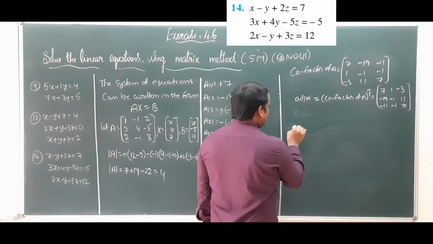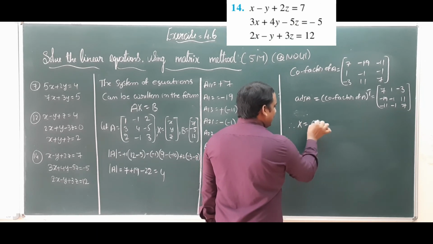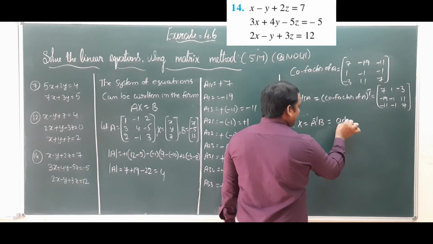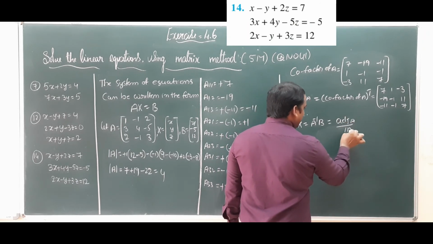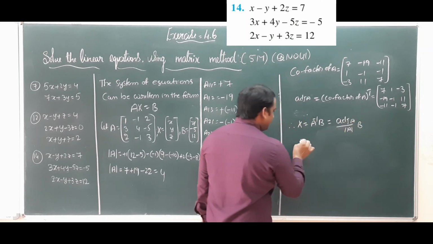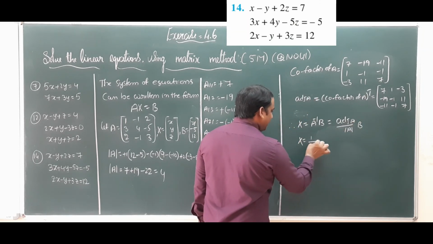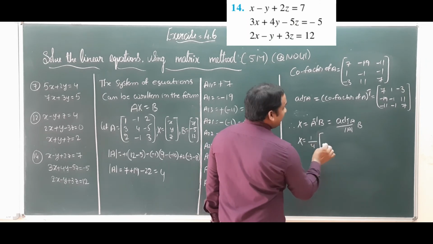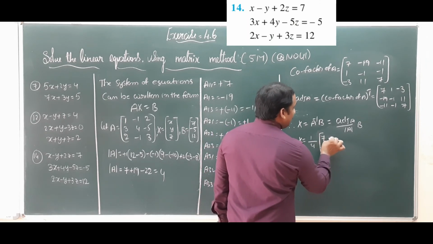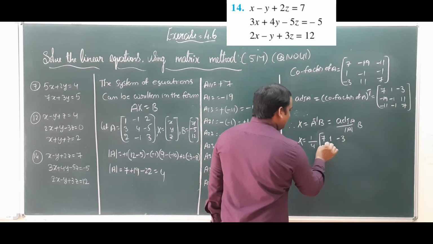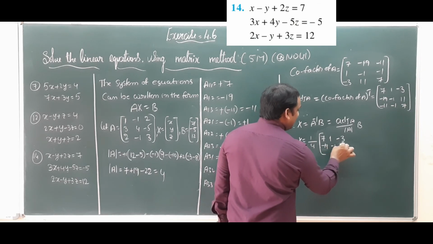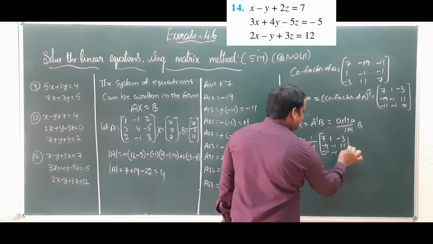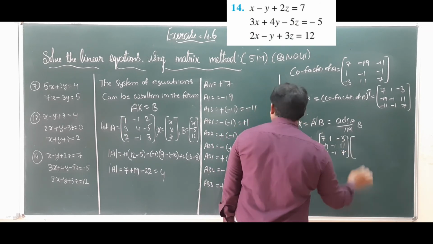Therefore x equals A inverse into B. A inverse means adjoint of A by det A, into B. Now x equals 1 by det A, value 4, into the adjoint of A, into the B matrix.